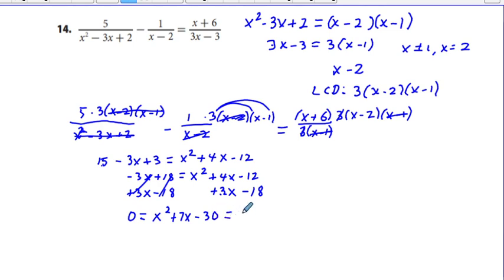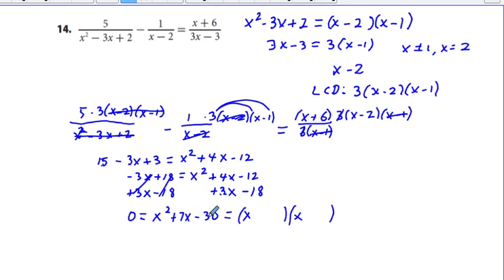So let's see if we can factor that out. I haven't done this in advance. What is this going to be? We're going to have x and x, and we're going to have a plus and minus. So 5 and 6 will be separated by 1.